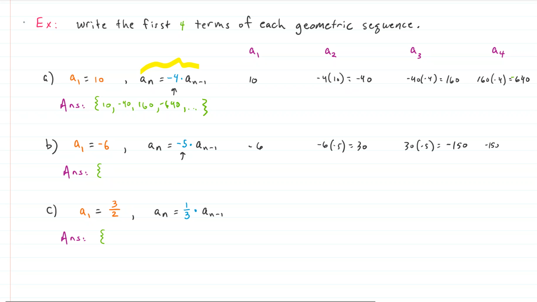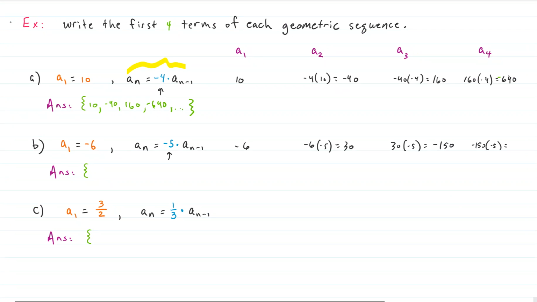And negative 150 times negative 5 gives us 750. So we can write down the first 4 terms as negative 6, 30, negative 150, and 750. And there are more, but we're not writing them.